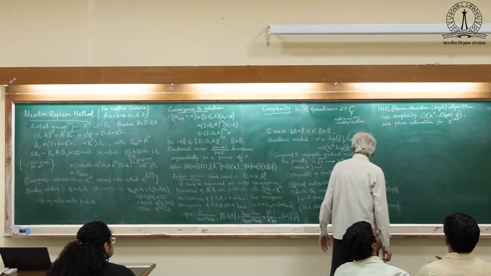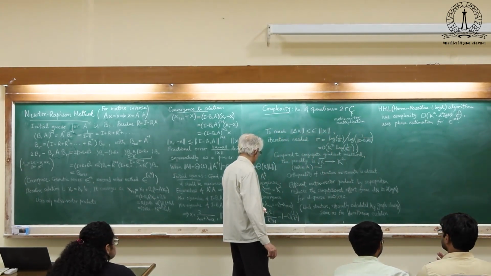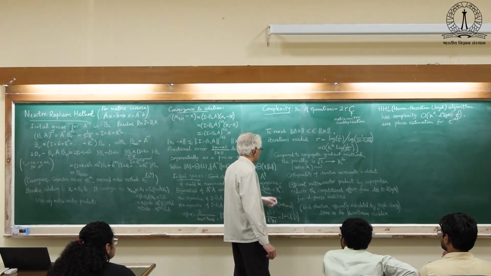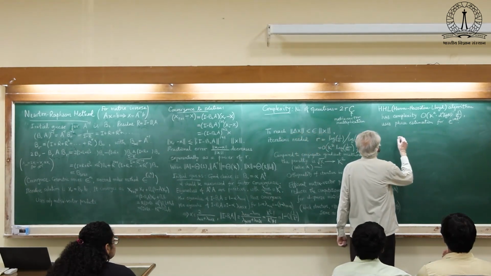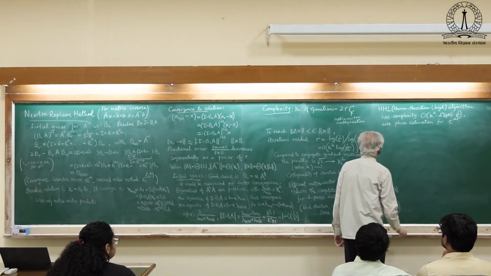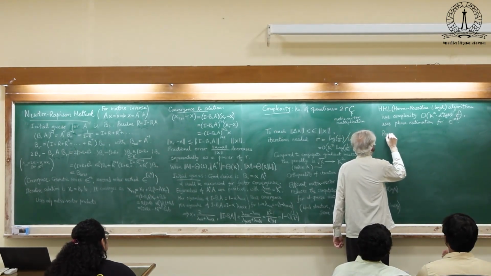So how are you going to estimate these eigenvalues? Because kappa in general is unknown. There are various tricks that are used. One of them is called preconditioning.